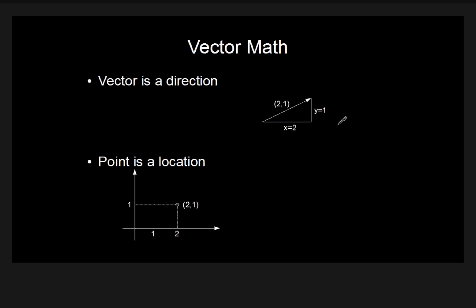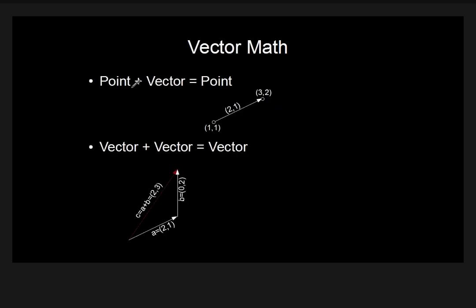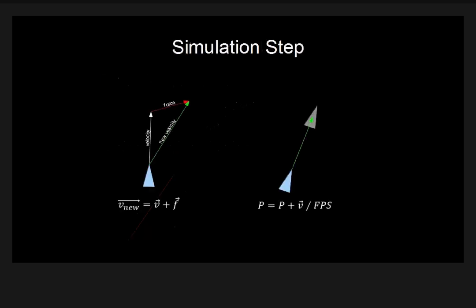If we add a point and a vector, we just translate the point by the components of the vector. If we add two vectors, we just concatenate the vectors, and we get a vector starting on the base of the first vector which is ending on the top of the second vector. This is what we are doing here. We have a velocity vector, we have a force vector, and our result is the new velocity.